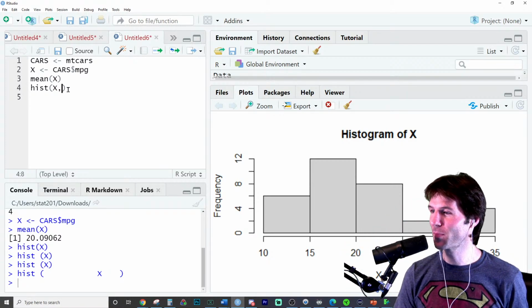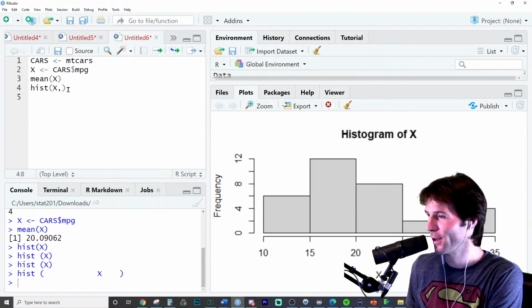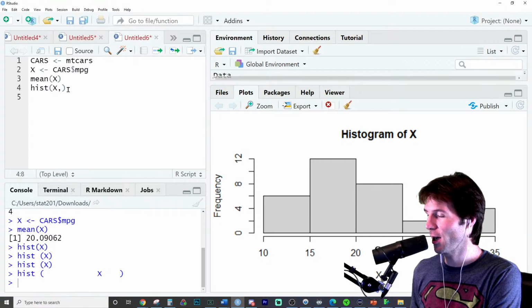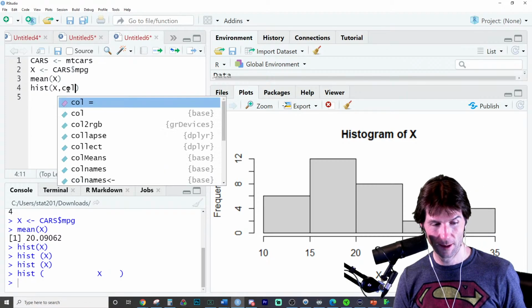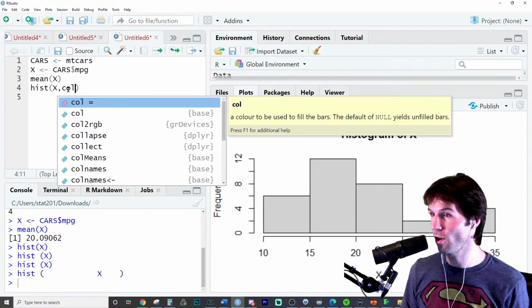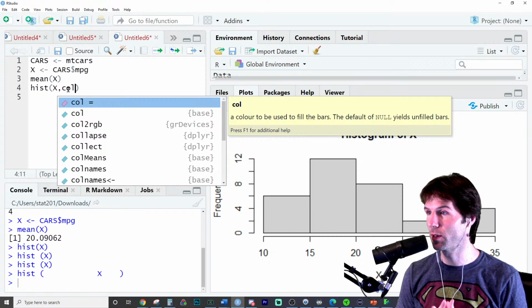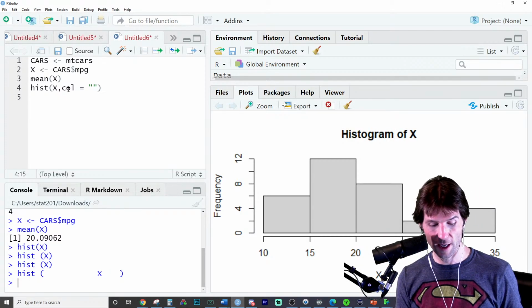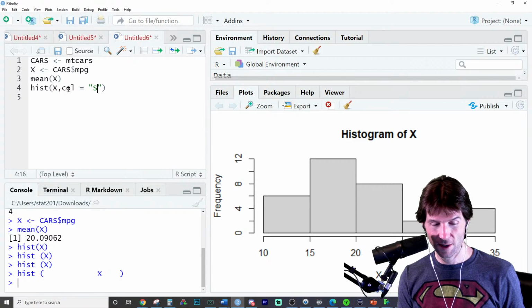And so I'm going to change the color of this histogram. What 3 letters do you think I should type to change the color? Oh, yeah, there we go. Col. And it actually is just col. A color to be used to fill the bars. The default NULL yields unfilled bars. And so now let's just say... what is it?